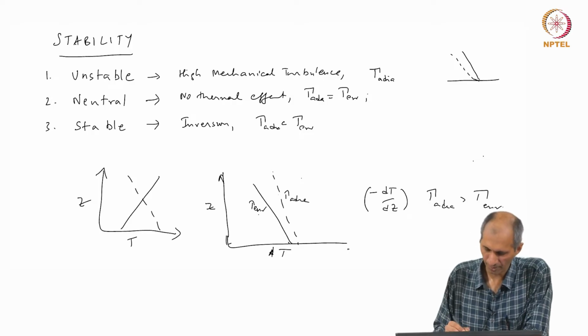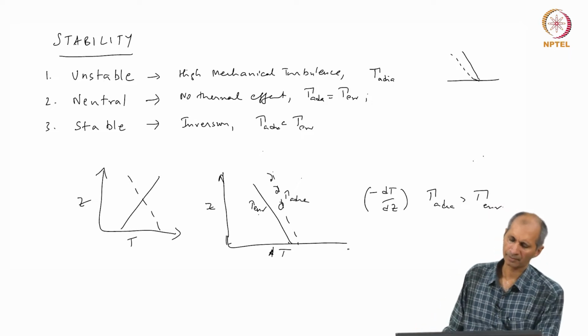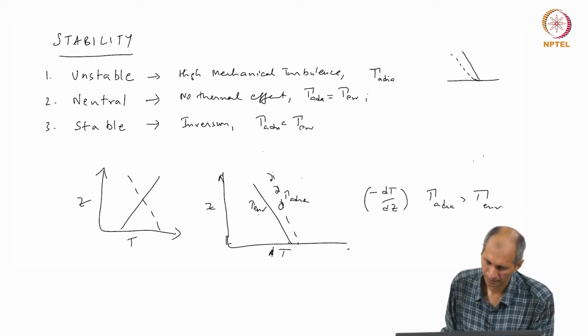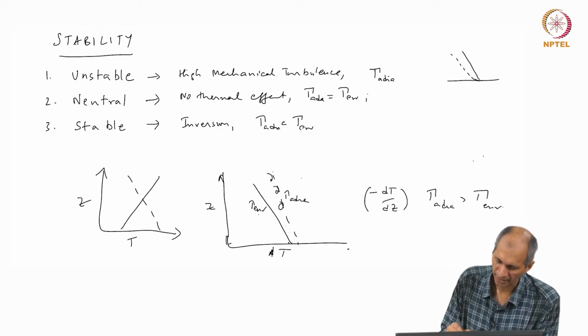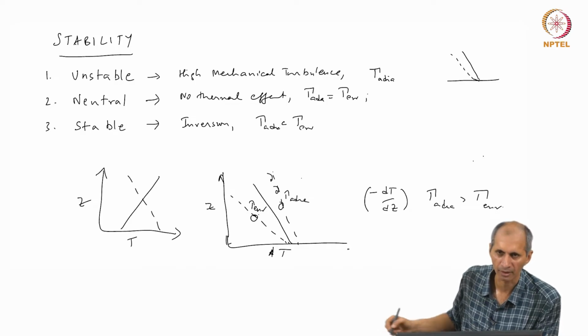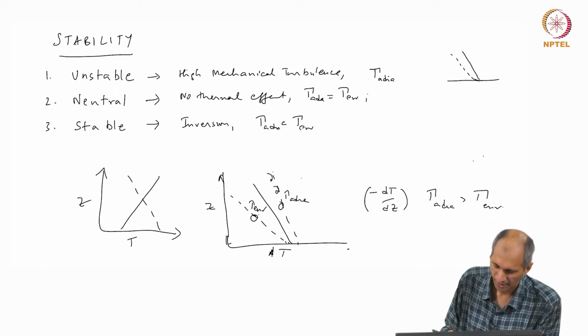So you keep going up, this parcel keeps going up and up, or the other way around. It is also valid if it is like this, because in this case if you push it down it keeps going down, that is also possible. So either of these things can happen.